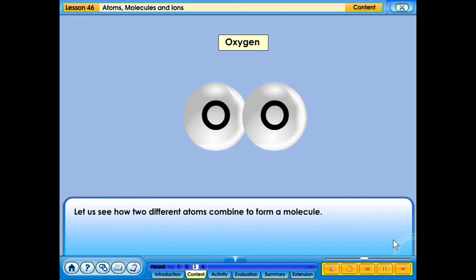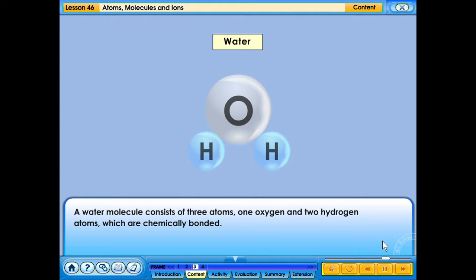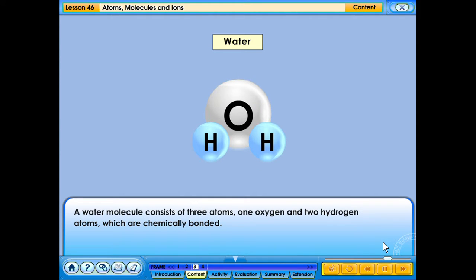Let us see how two different atoms combine to form a molecule. An example of a molecule which is composed of two different types of atoms is water. A water molecule consists of 3 atoms, 1 oxygen and 2 hydrogen atoms, which are chemically bonded.